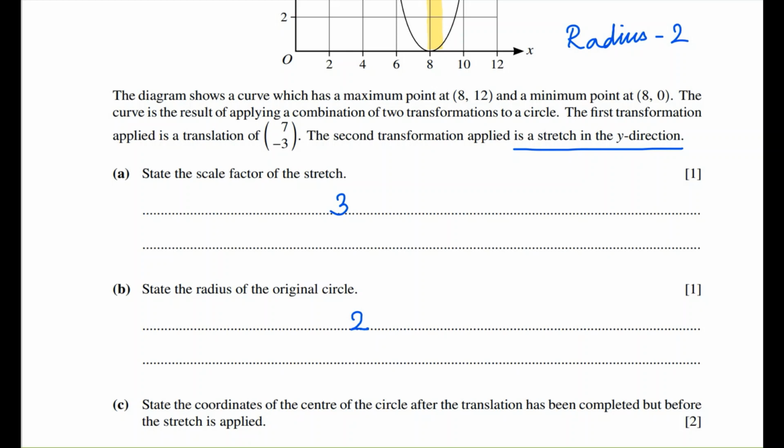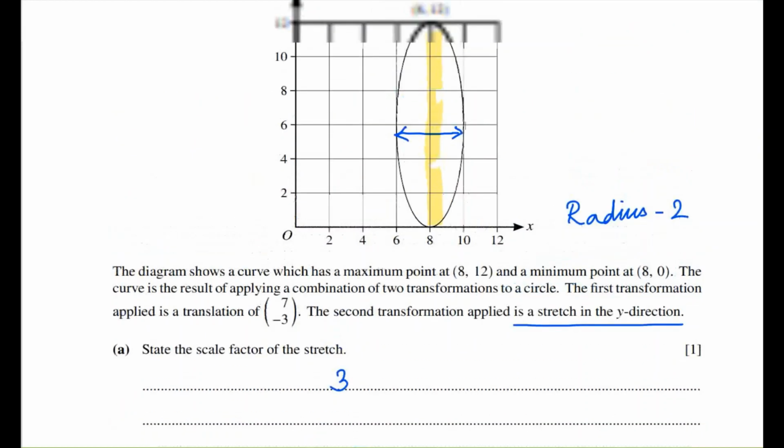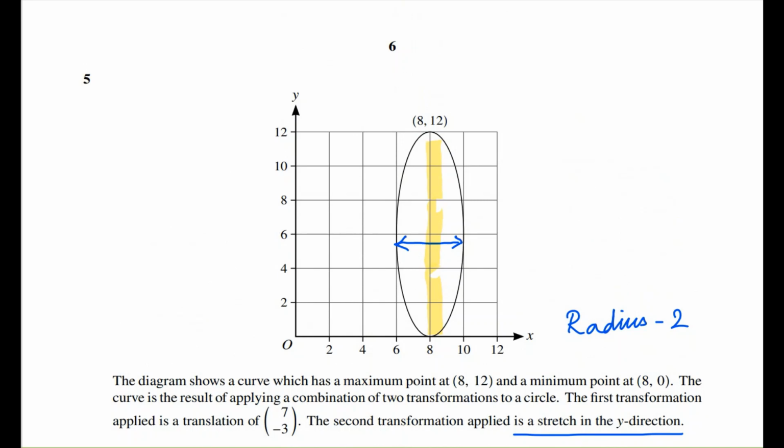State the coordinates of the center of the circle after the translation has been completed but before the stretch is applied. So you have to find the coordinate of the center of the circle after the translation, before the stretching. So before the stretching means the stretch applied only along the y direction.